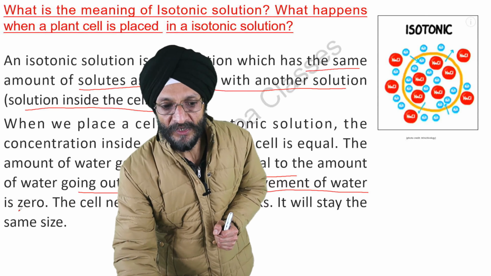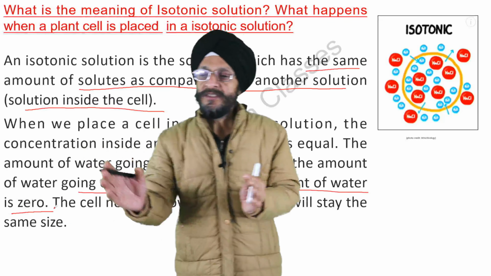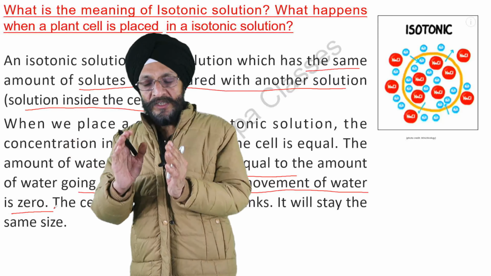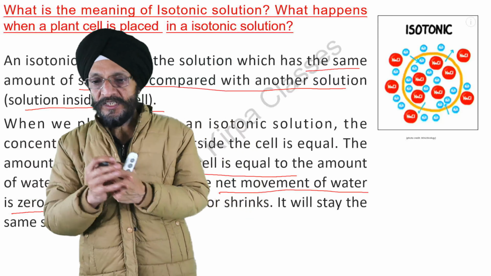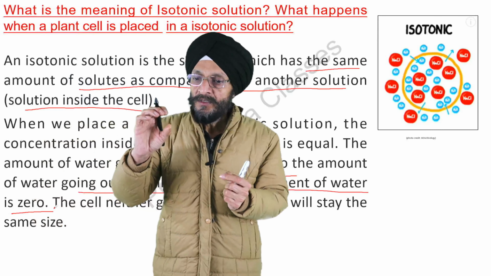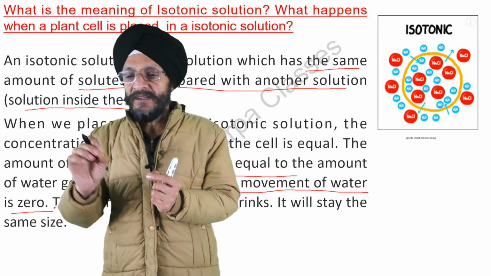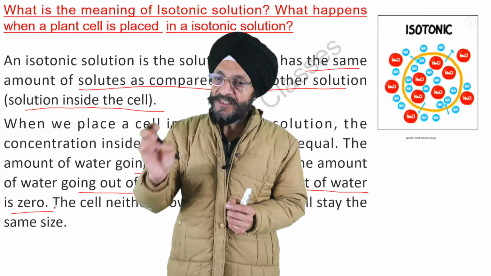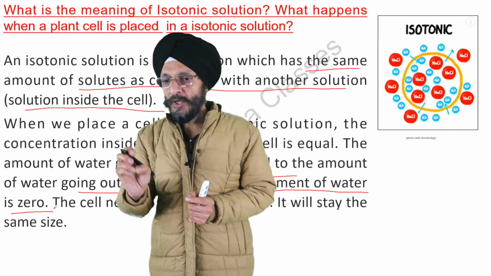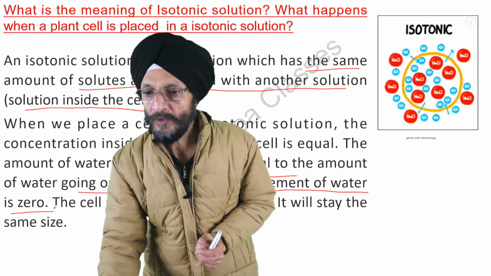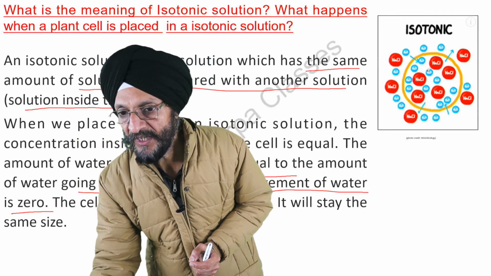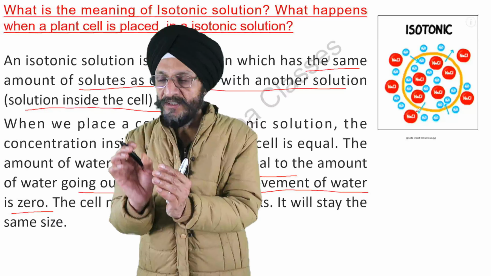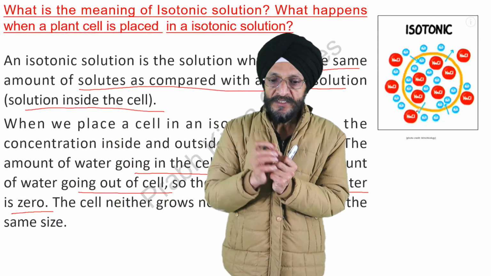The net movement of water is zero because the solutes are equal. Equal quantities of solutes are present in and outside the cell, so the net movement of water is zero, as the amount of water coming inside the cell is equal to the amount of water going out of the cell. You can see here that water is coming inside from two sides and water is also going outside. So the net result of movement of water is zero.